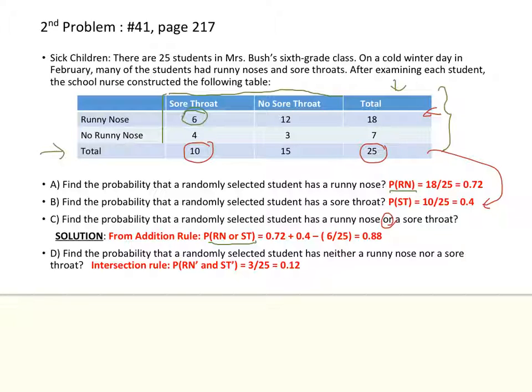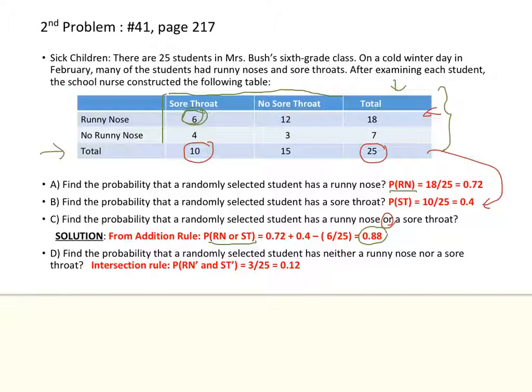There it is. Sore throat and runny nose is 6 divided by 25. When we subtract that, we get the probability is 0.88, or 88% of the students have a runny nose or a sore throat. That's quite a few.